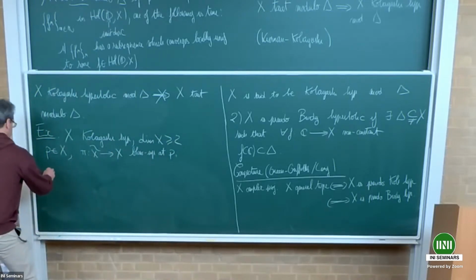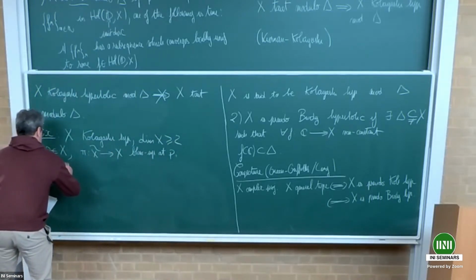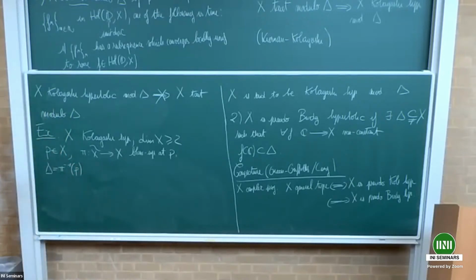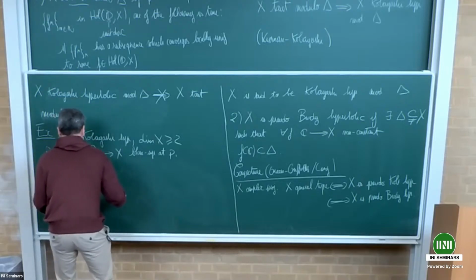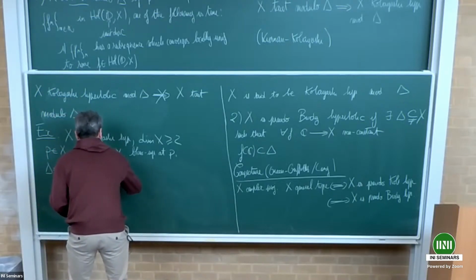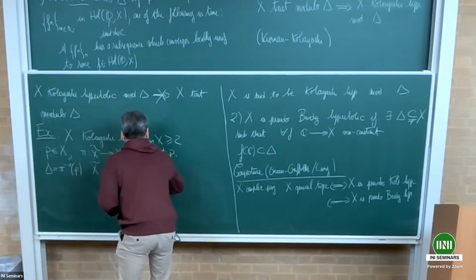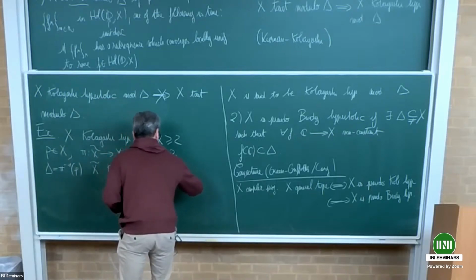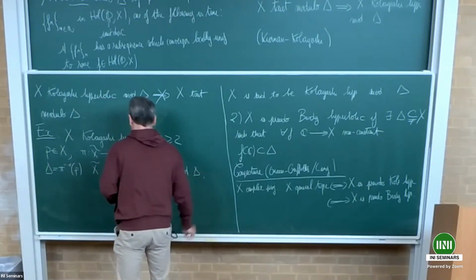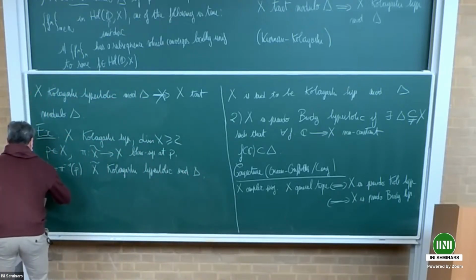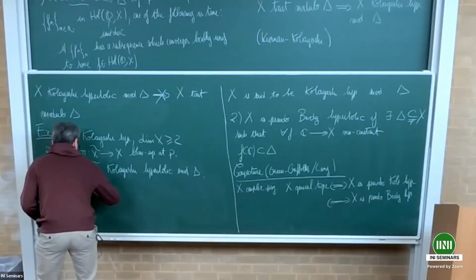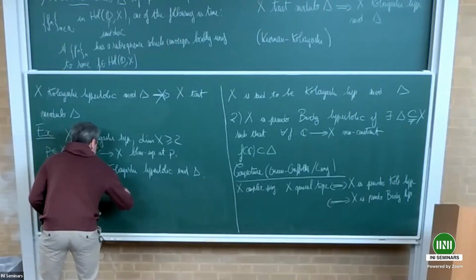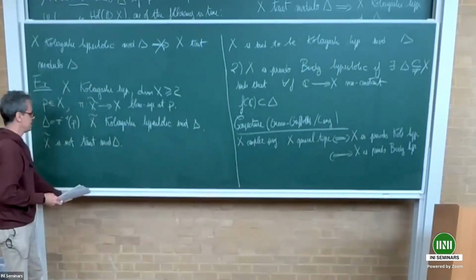And then delta will just be the exceptional divisor. Then it's easy to see that this is Kobayashi hyperbolic modulo delta. But this is not taut modulo delta. And it's not difficult to see.